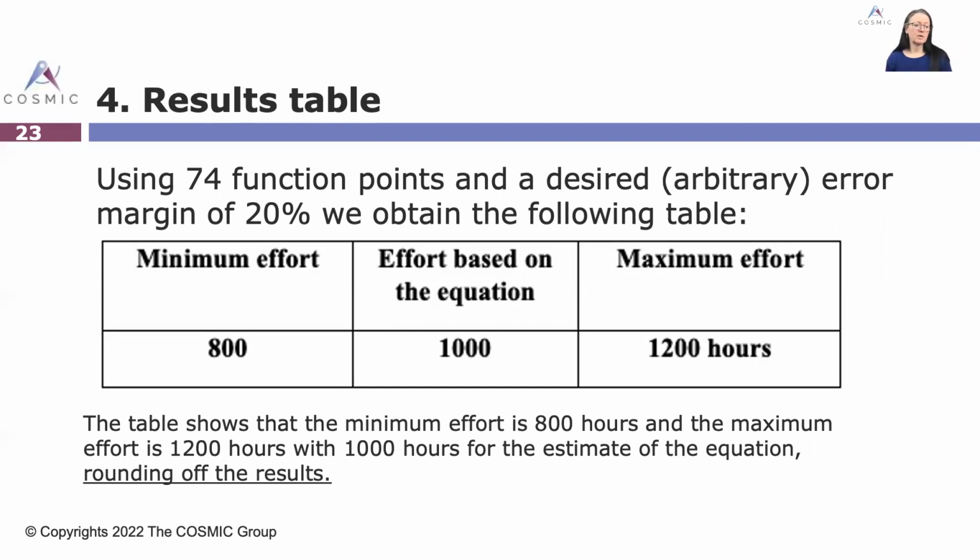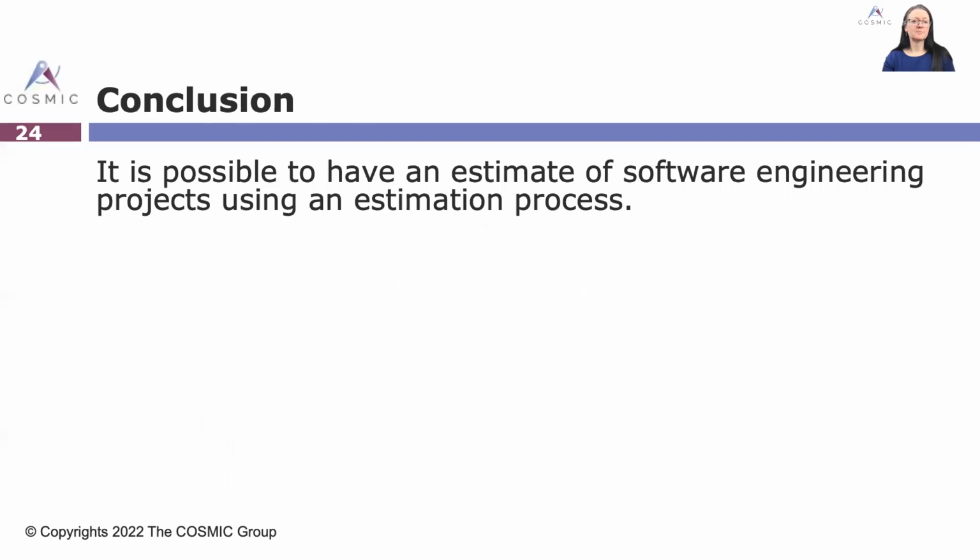In our example here, the 20% was an arbitrary error margin. However, in your typical project, or the project you want to estimate, it is possible that this error margin needs to be bigger or could also be smaller. In conclusion, it is possible to have an estimate of a software engineering project using an estimation process.